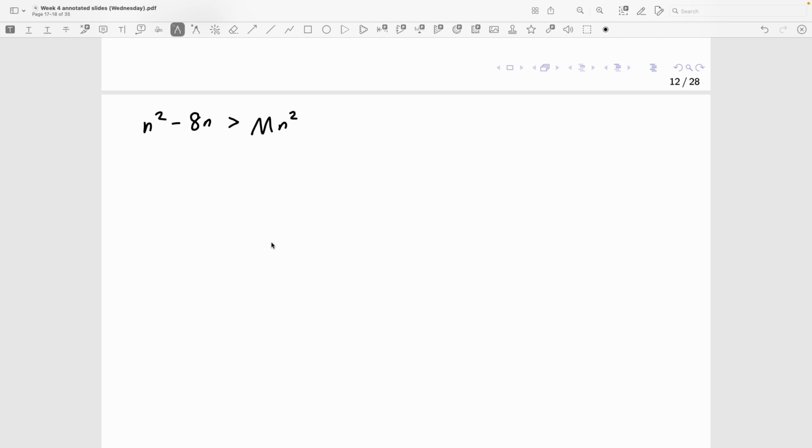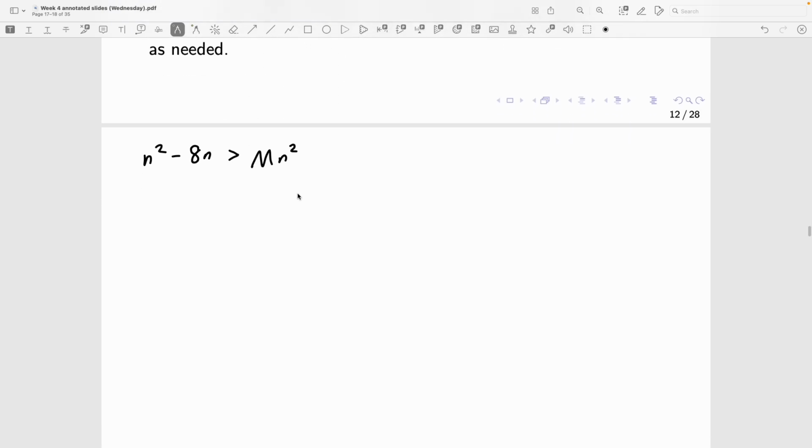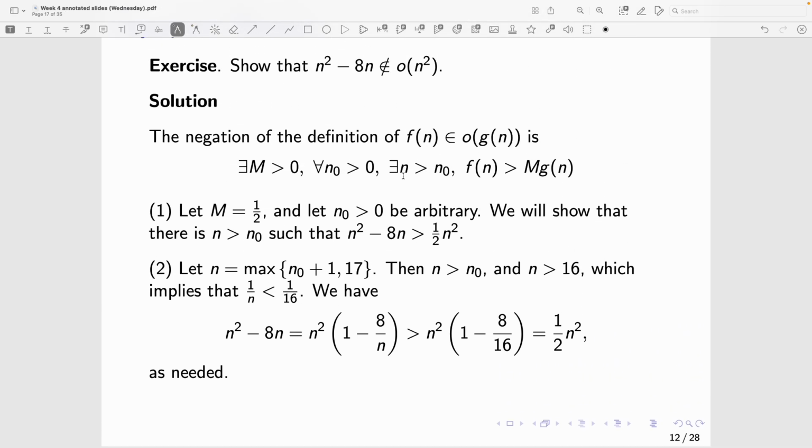Because of the quantifiers, we're going to find a specific value of m, because there exists a value of m. And we're not going to make assumptions about n, because even though it says that there exists an n, the constraint on it depends on something that we can't make any assumptions about for all n naught.